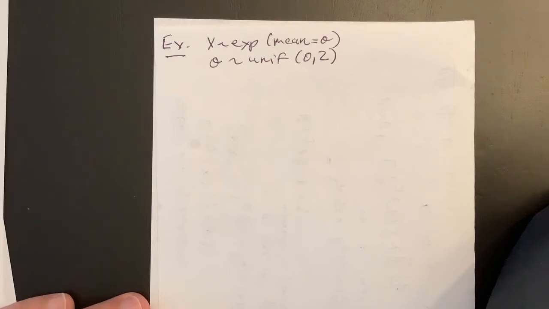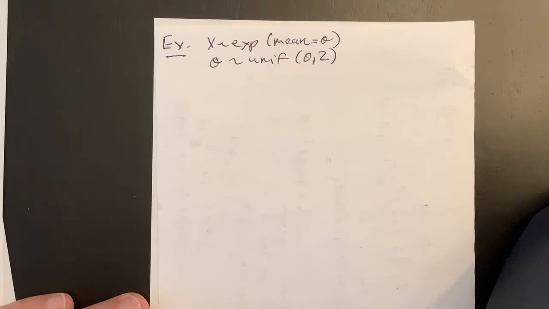Well, you might say the mean of theta is 1, so maybe the variance of x, I know if I know theta it's theta squared, so maybe it's just 1 squared, or 1. But it's not. It has those two terms.